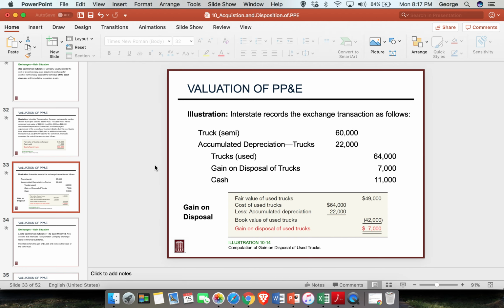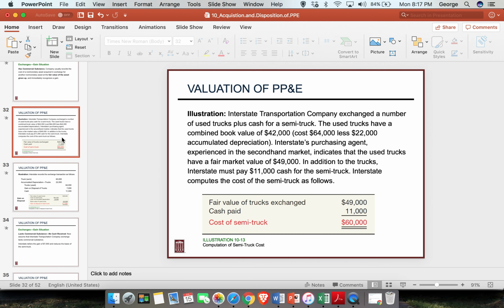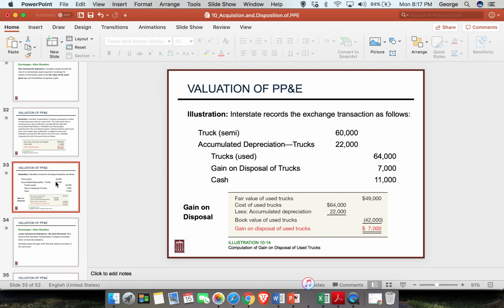We debit truck for $60,000, and accumulated depreciation goes off the books at $22,000. We credit trucks for $64,000. We did have a gain of $7,000 on the disposal of the trucks. That's shown here: the fair value of the trucks is $49,000, the book value is $42,000, so $7,000 is the gain on disposal.